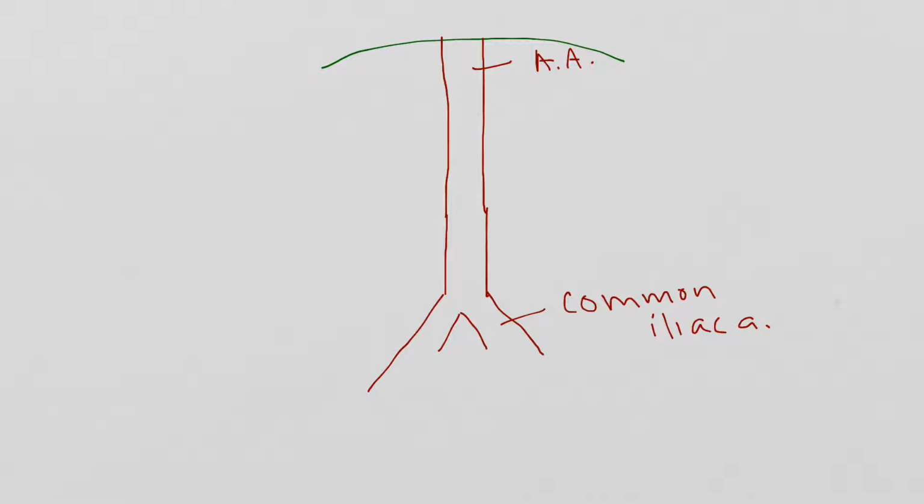In anatomy, when you see the word common, what that means is that that structure is now going to split again in half. So from the common iliac artery on each side, we then get a branching pattern that looks like this. The one that continues is called the external iliac artery.